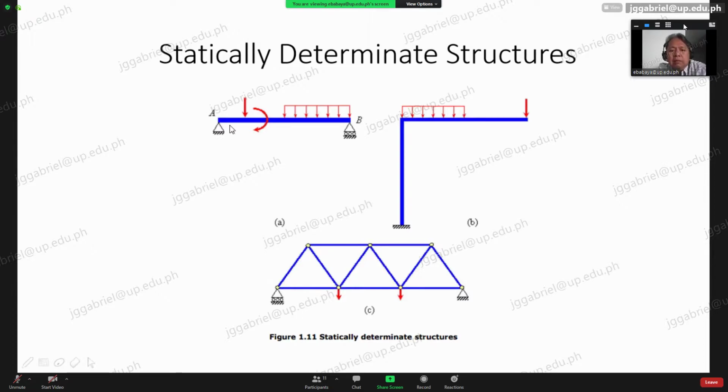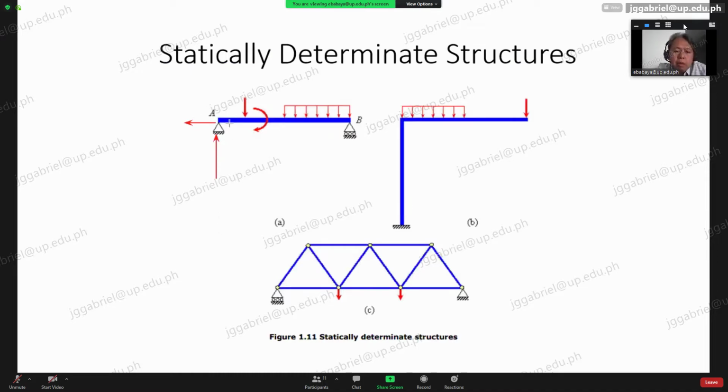Okay? You have a pin support here and a roller. Okay, and then you have concentrated load, a moment, and then a uniformly distributed load. Now, the reactions here would be, okay, you have a vertical reaction and a horizontal reaction. Okay.